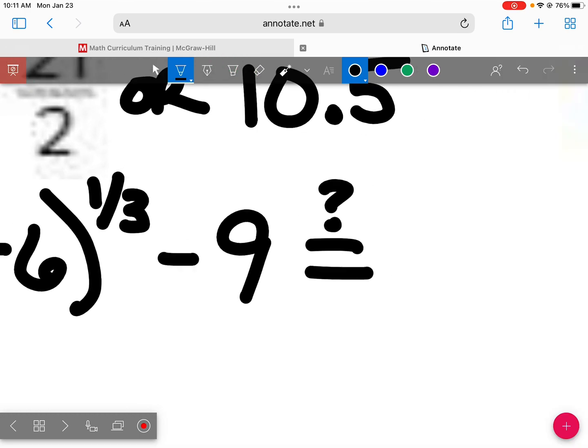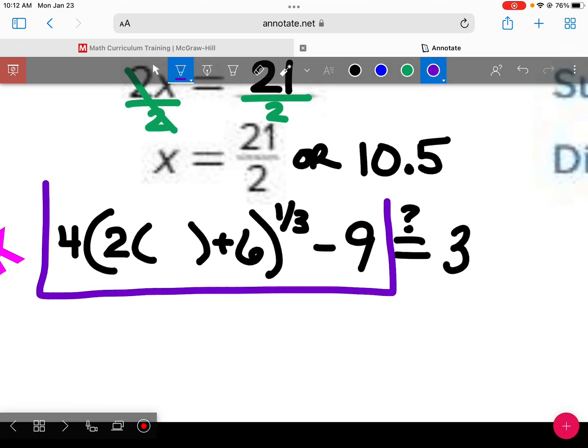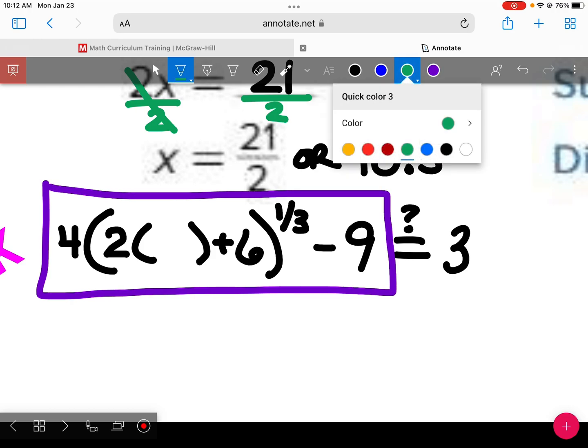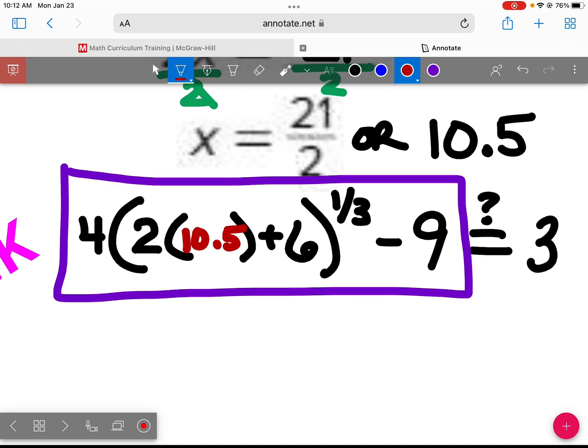If that is the correct answer, it should be equal to 3. So I'm putting a little question mark over my equal sign because I don't know that they're equal yet. We're going to focus all of our work over here on this side. What am I putting in the place of the x in where those parentheses are? 10.5. What is 2 times 10.5?